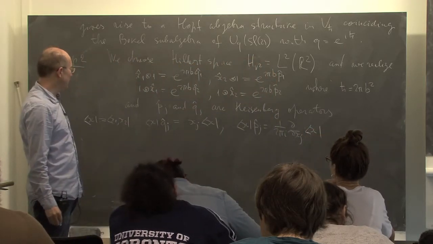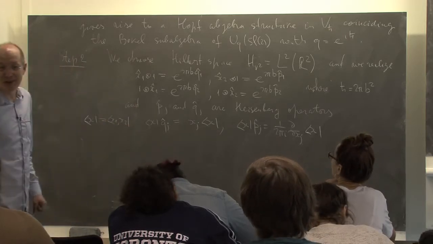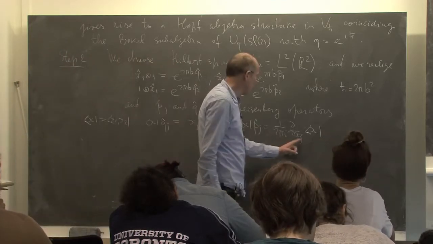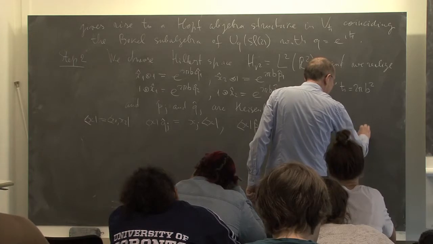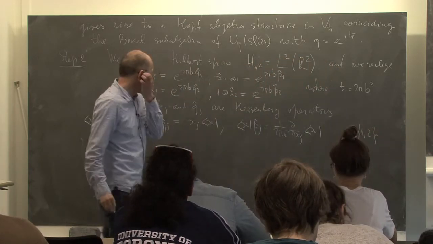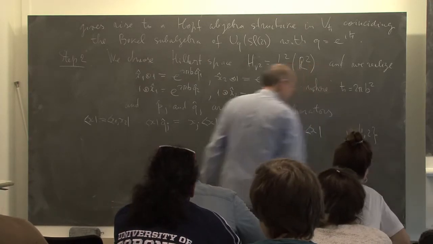And now you see why I put j, not i, just to avoid the confusion with the imaginary unit. Both are entering here, and j lives in the set of two elements, 1, 2, and i squared is minus 1.